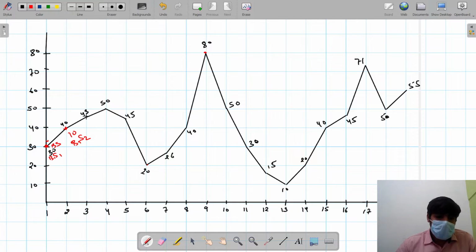Let's move to the next point. For this one, this is the day which has the lowest price, and we are selling today. So we get a profit of 13 rupees. Buying at 1, selling at 3. Now here, what is our scenario, what are our constraints? Today selling is necessary.